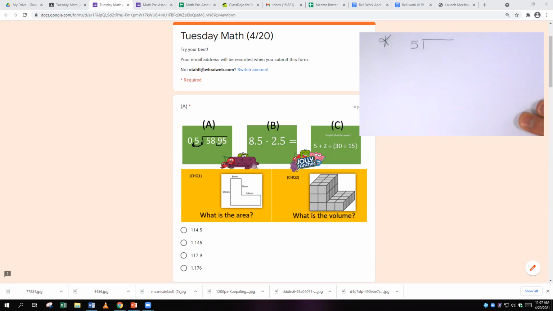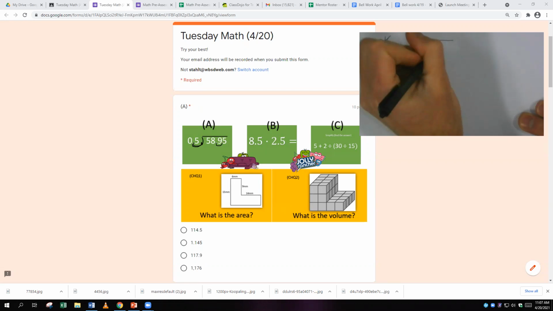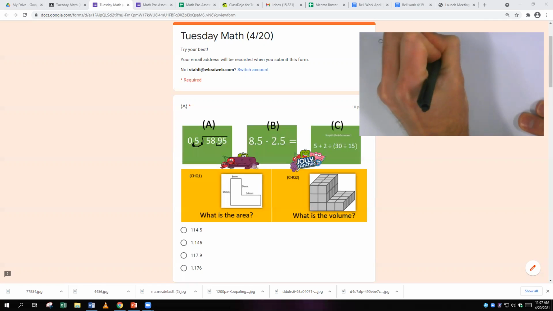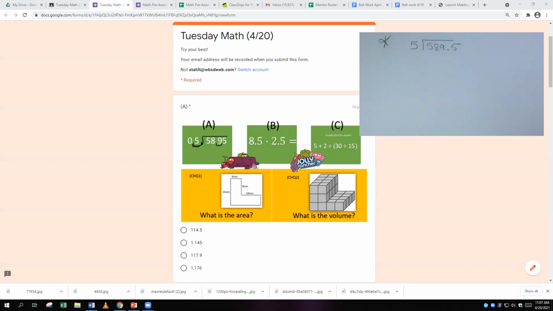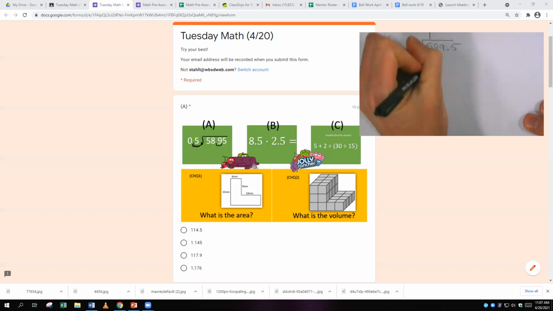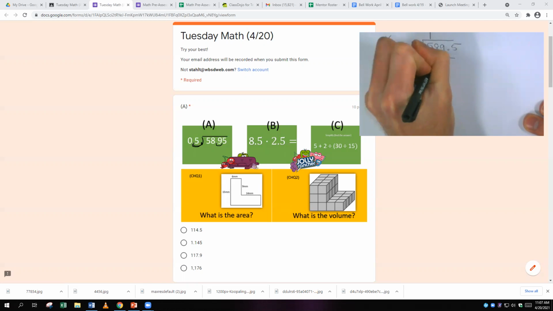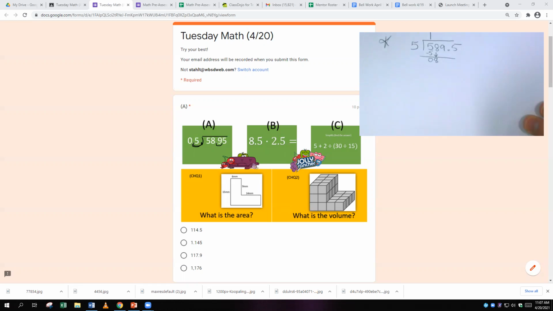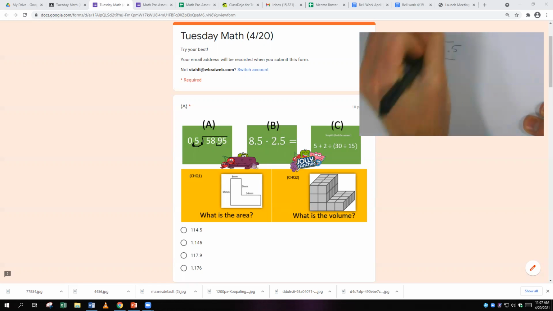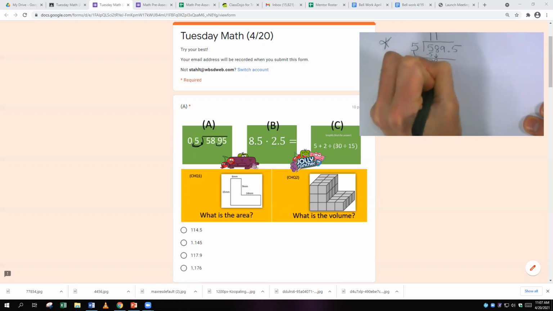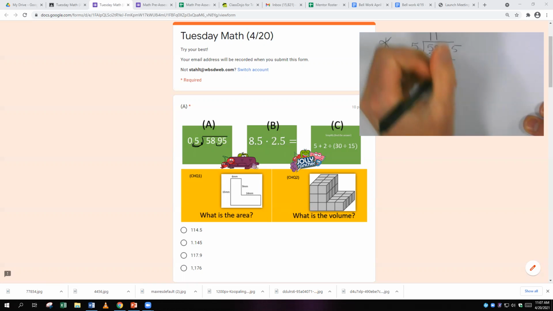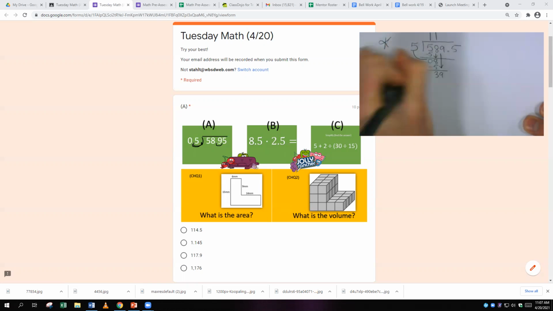My new problem is 589 and 5/10 divided by 5. How many 5s go into 5? 1. What's left over? Nothing. How many 5s go into 8? 1. What's left over? 3. Bring down the 9.